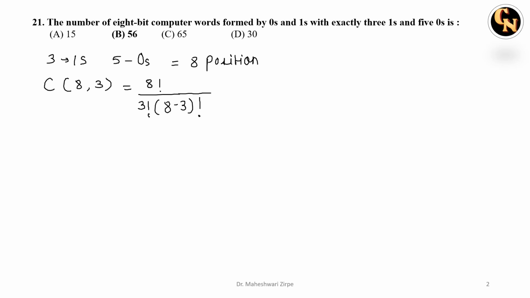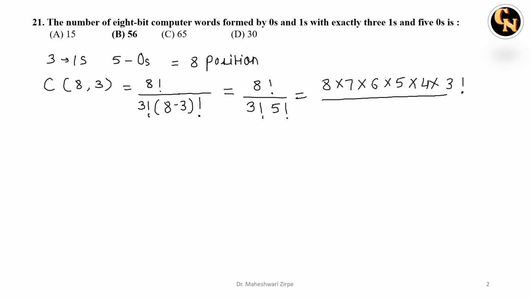So now 8 factorial upon 3 factorial into 5 factorial. 8 factorial is nothing but 8 into 7 into 6 into 5 into 4 into 3 factorial, whereas below you have 3 factorial into 5 factorial, which is 5 into 4 into 3 into 2 into 1.